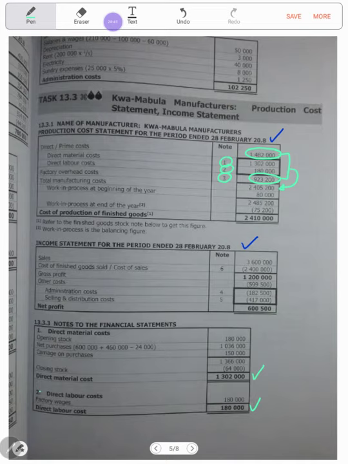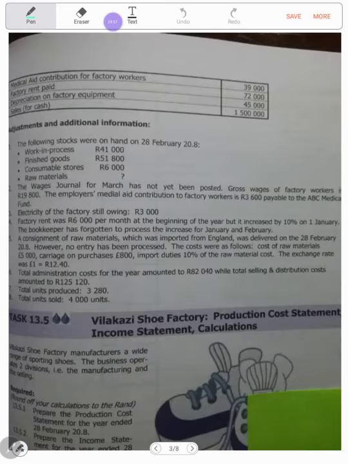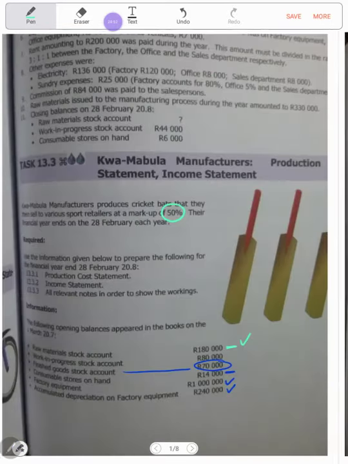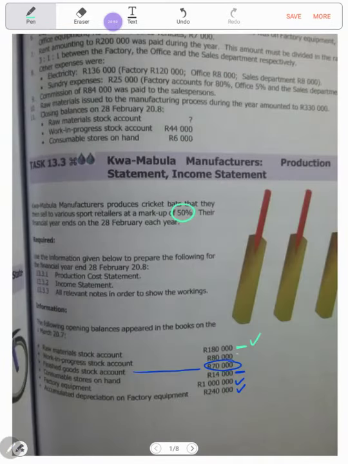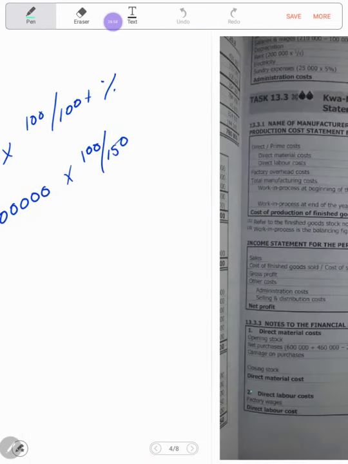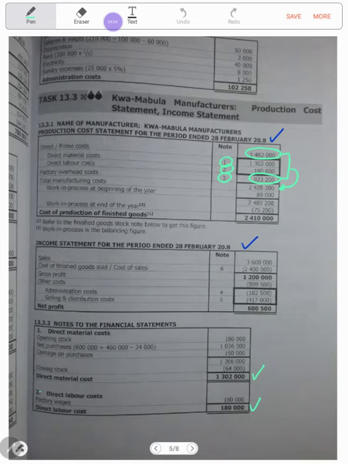And then I'm going to add my work in progress at the beginning of the year, which was an opening balance work in progress, the 80,000. I'm adding that to the total manufacturing costs in order to get this figure over there, 2,485,200.